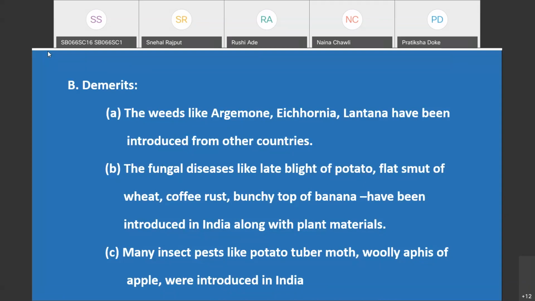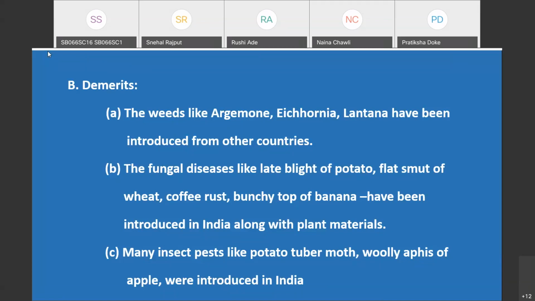Then many insect pests like the potato tuber moth and woolly aphids of apple were introduced in India. These are the disadvantages.